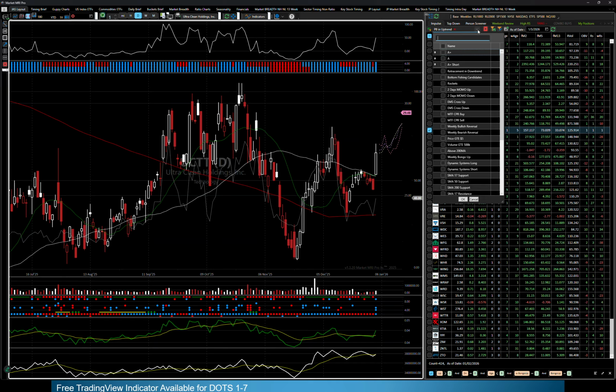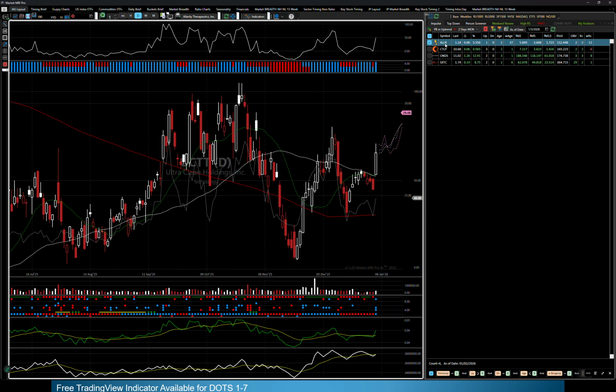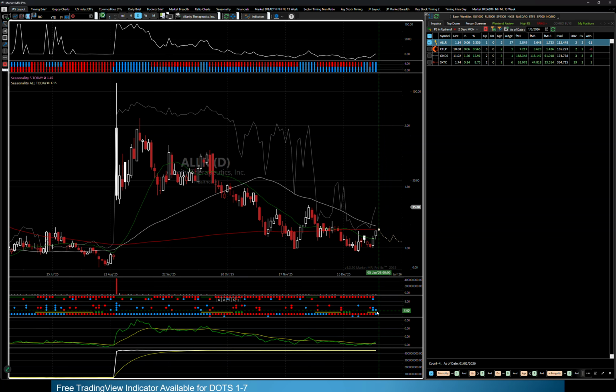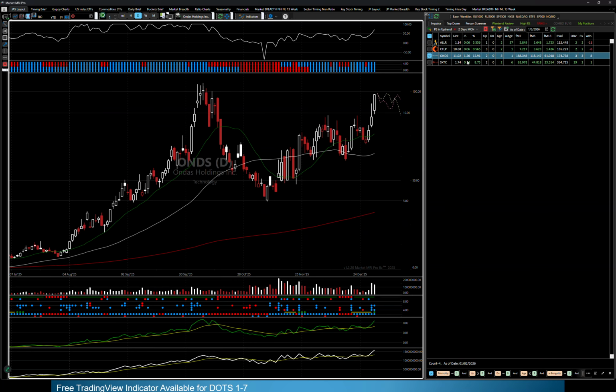So I've got patterns. I've got a number of trading systems. One of my favorites is the 2-day Momo up. All of these stocks have the double dots, two momentum dots. They may not all be good trades, but they all have the two momentum dots.